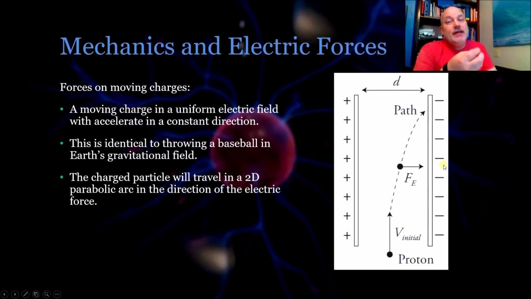This is just like throwing a baseball in Earth's gravitational field. Instead of getting a force to the right, we're going to get a force straight down on a baseball, and so it will arc downward in a parabolic arc in two-dimensional motion. Same thing happens for this proton. It's going to go through a parabolic arc, but this time the parabola is to the right.